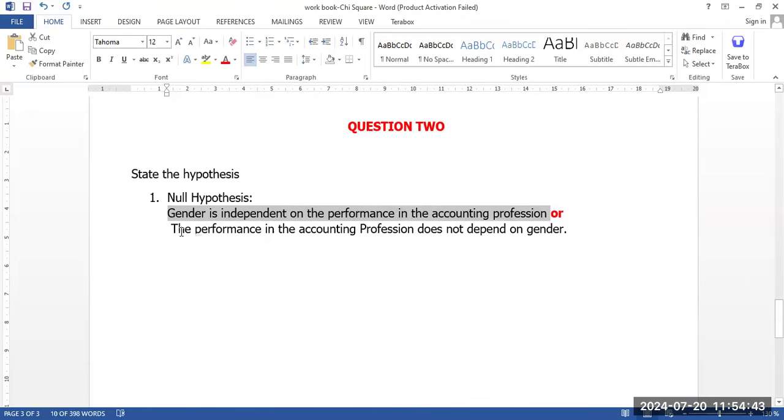Or another student can say my null hypothesis is the performance in the accounting profession does not depend on gender. That is your null hypothesis. So you choose any of those.